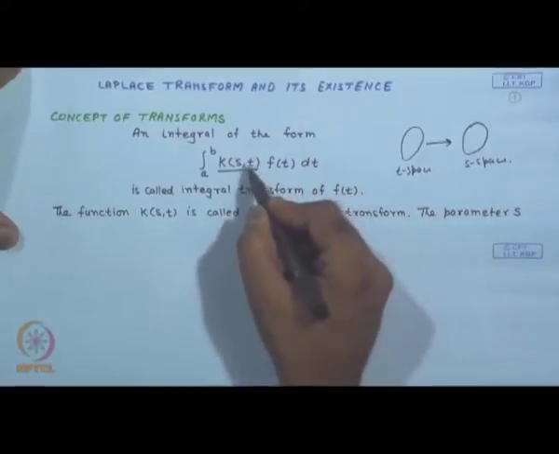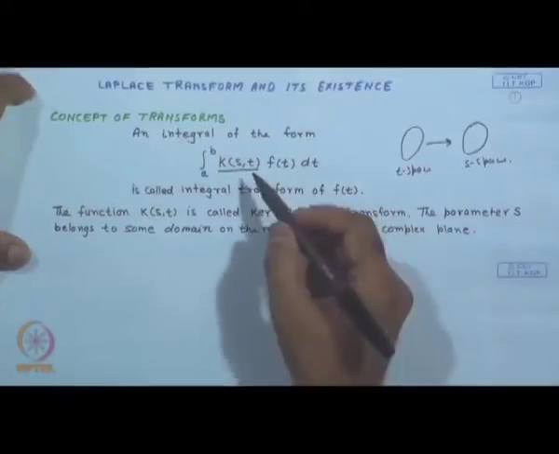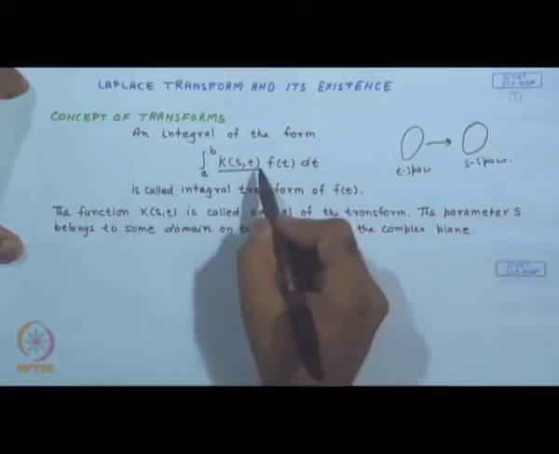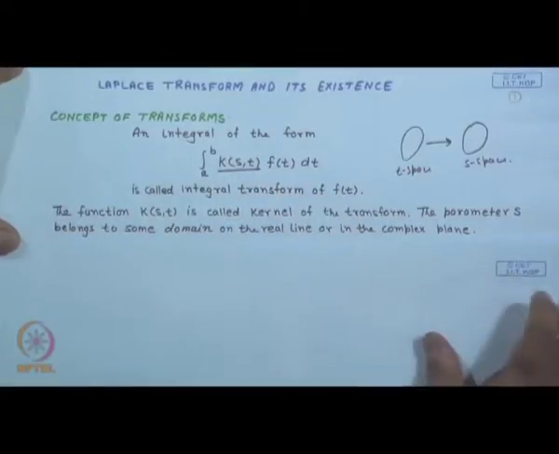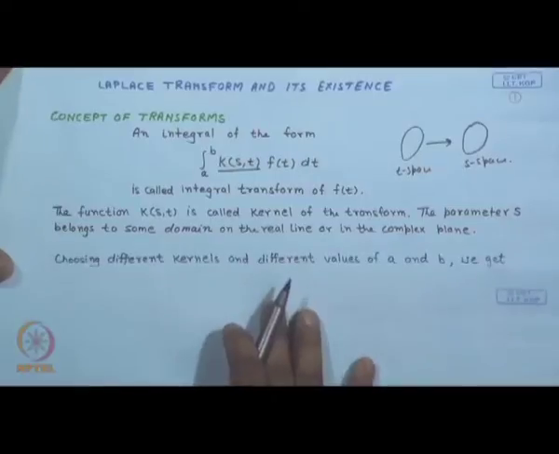s, which is independent of t, belongs to some domain on the real line or in the complex plane. We will come to the details of the kernels and the range of s while going through the particular transforms.